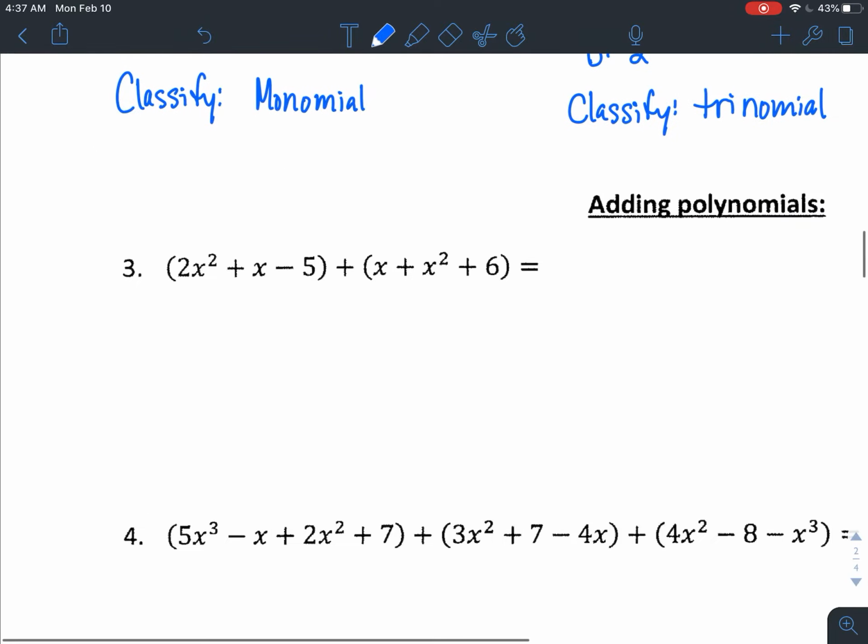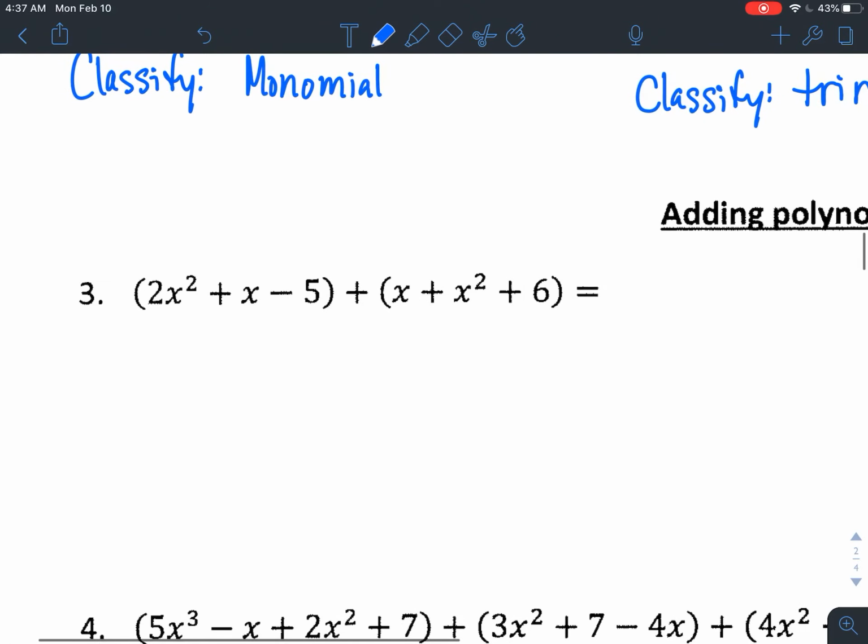So if I have a polynomial and I'm asked to just add them, it literally is just adding my like terms. So when I have addition, we know that nothing changes within my parentheses. So I'm just looking at collecting up my like terms. So x squareds with x squareds, x to the first power with x to the first power, and then my constants with constants, which, depending on how well you can keep organized, you don't have to necessarily do that kind of purposeful underlining, or some people, and I'll show you kind of different options on it, some people highlight in different colors, some people put different shapes around like terms.